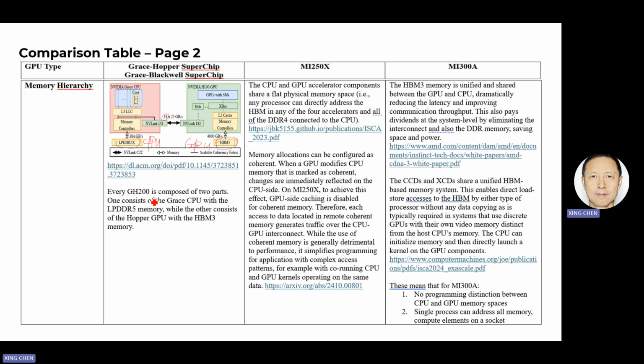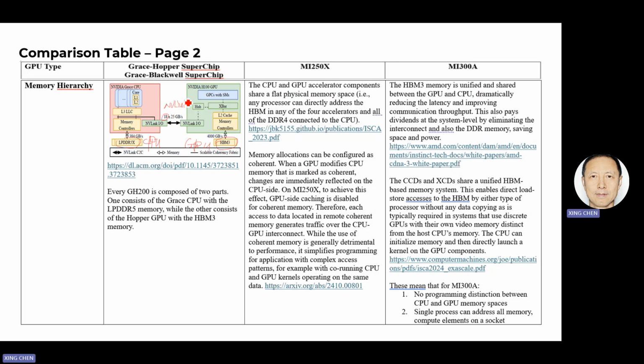So for each superchip, you have 2 parts. One part consists of the Grace CPU with its memory. The other part consists of the Hopper GPU and the HBM memory. Basically, we can see that you have two subsystems that are connected to each other by the NVLink.